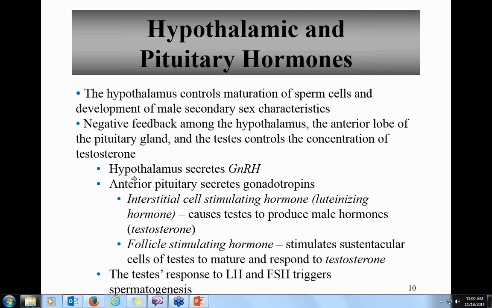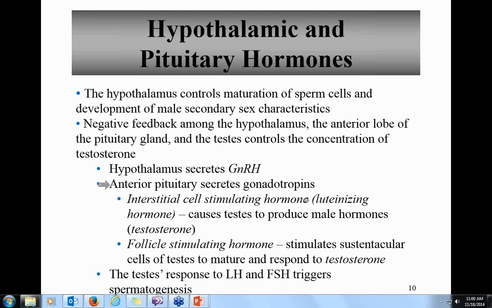Okay, so the hypothalamus secretes GnRH, which is gonadotropin-releasing hormone. And through the bloodstream, this is carried to the anterior pituitary gland, and it secretes the gonadotropins. And there are two primary gonadotropins.